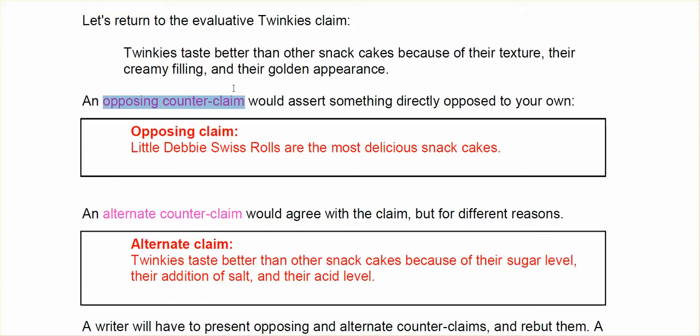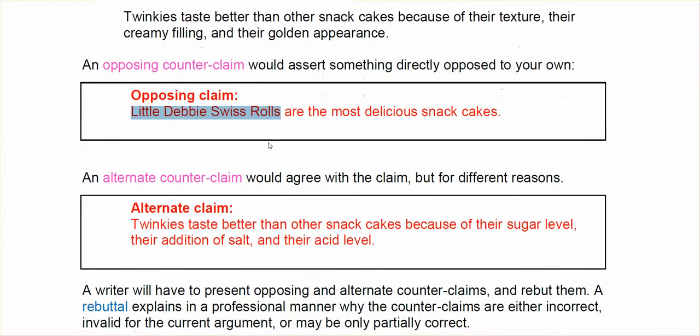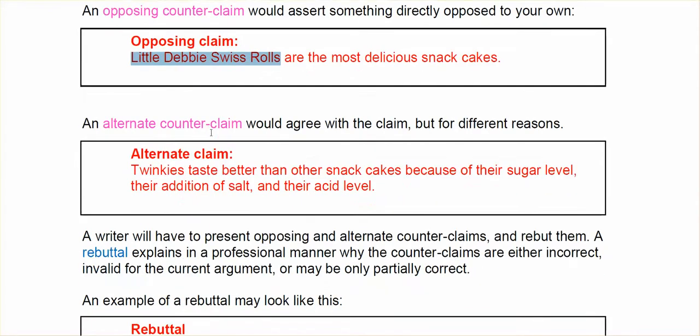So I'm claiming that Twinkies are the best snack cake, right? An opposing claim might say, oh, no, Little Debbie Swiss rolls are the most delicious snack cake. So now we are on two different sides, my opponent and I. An opposing view is something that's different from my view altogether. That's an opposing counterclaim.